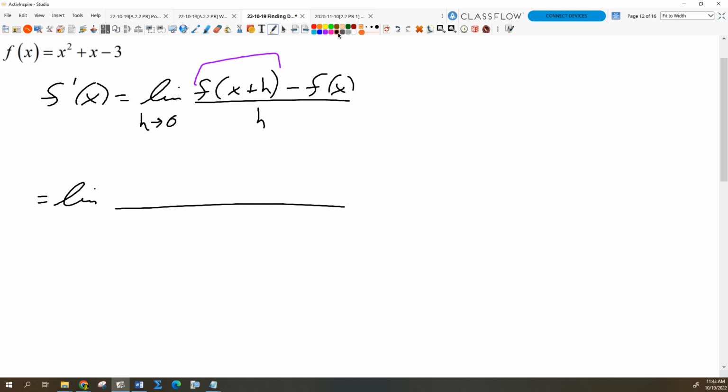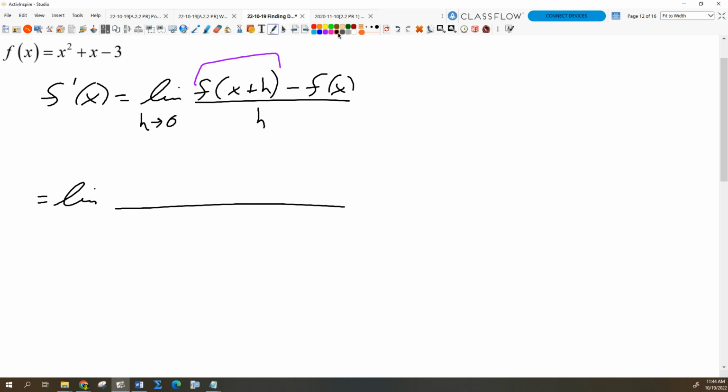If f of x is x squared plus x minus 3, what's f of x plus h? What's f of a? A squared plus a minus 3. Hand squared plus hand minus 3, right? So what's f of the quantity x plus h?